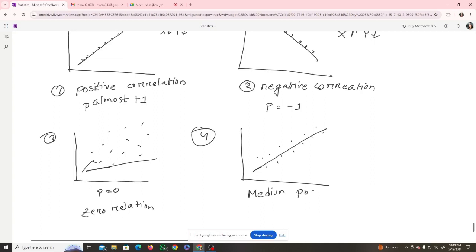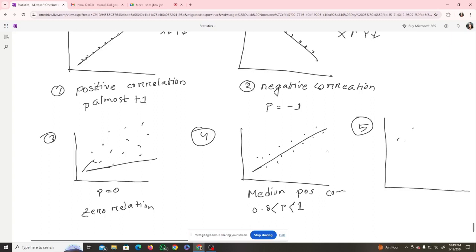And in this case, the value of P is above 0.8 but below 1, because if it is 1 it will be the earlier situation, but we are not talking about that. Here the scatter points are not far away from the line, but also not tightly around the line, right?